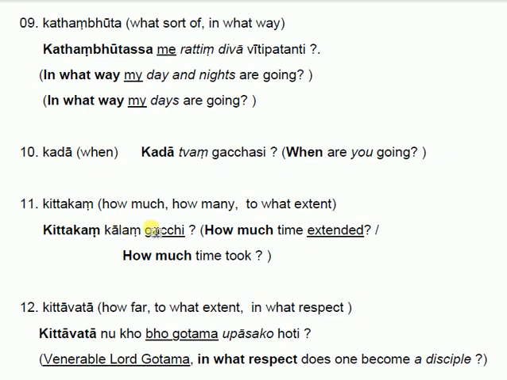How many? To what extent? Here, kittakang kalang gachi. Kalang means time. Kittakang kalang gachi means how much time extended, or how much time it took. And let's go down.